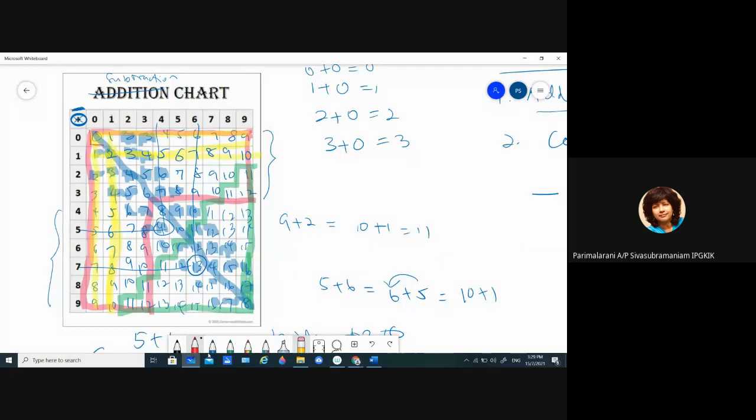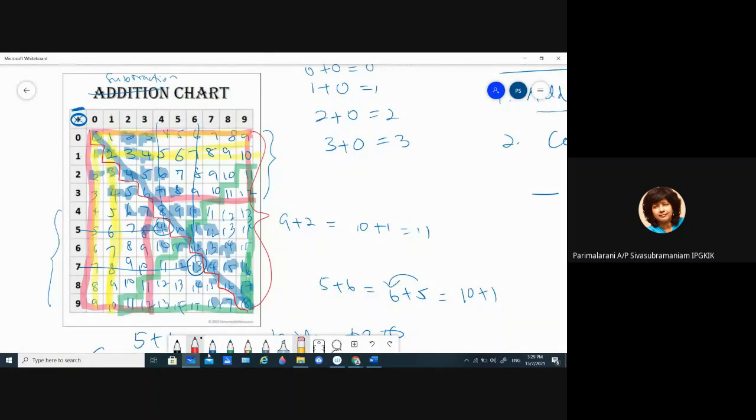Because of that, all the facts on the right hand side of this red line, except for the diagonal, are the same as all the facts on the left hand side of the red line. This is the commutative principle. That means students memorizing this part is enough already. The other side is just commutative. They just have to turn the facts around.